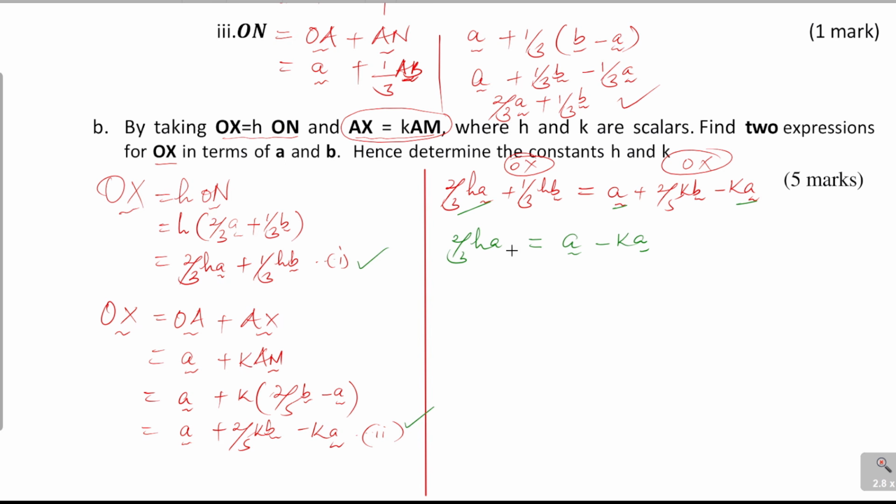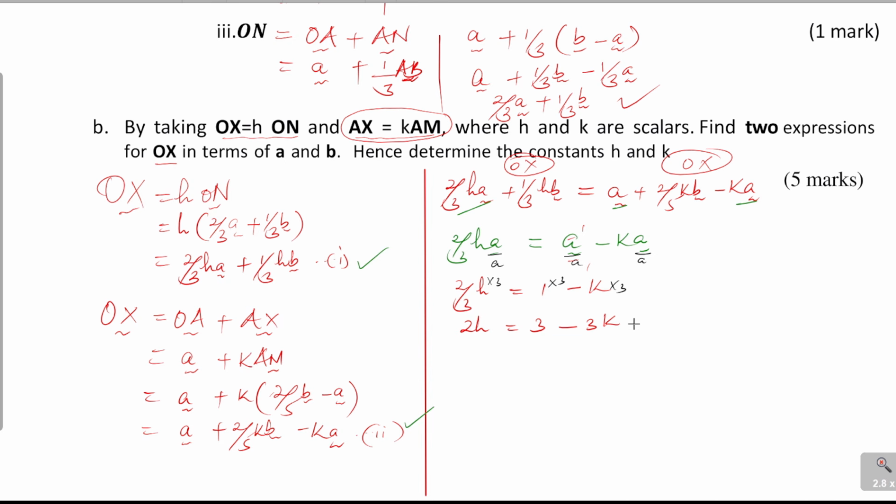Because vector A is common, you can divide all through by vector A. When you do that, you get 2/3 H is equal to 1 minus K. You can simplify this equation by multiplying each term by 3, so that you get 2H is equal to 3 minus 3K.